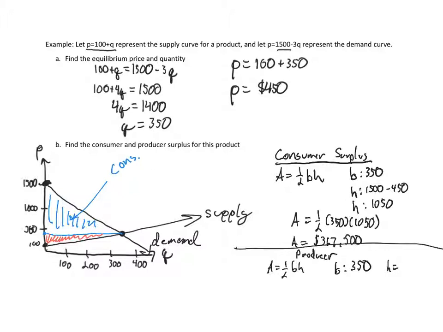The height would be the difference between the equilibrium price and the price the producers would be willing to sell at. So the equilibrium price of 450 minus the 100, that would be 350. So area equals 1/2 times 350 times 350, which will come out to $61,250.